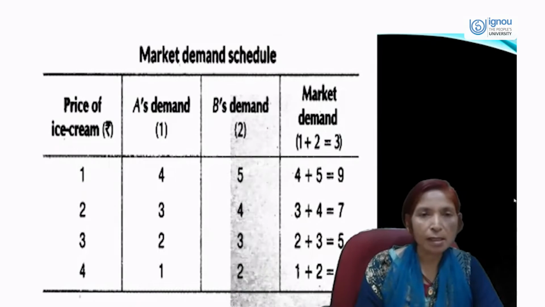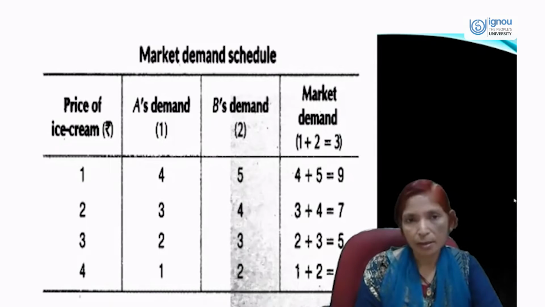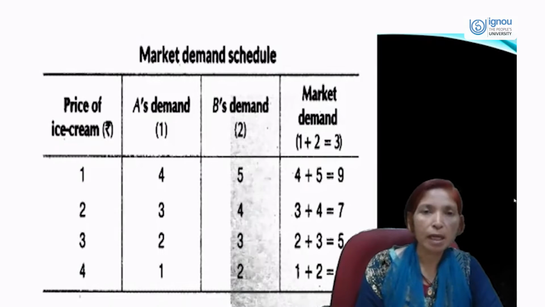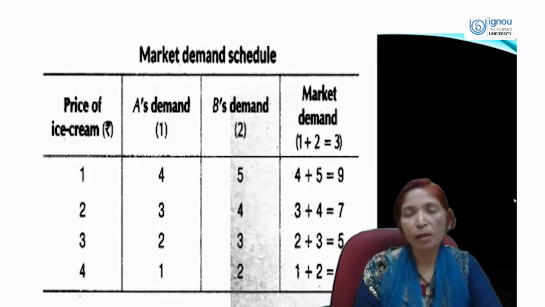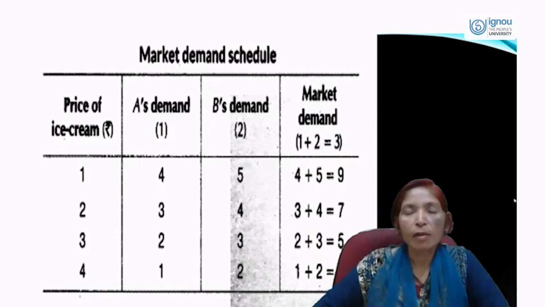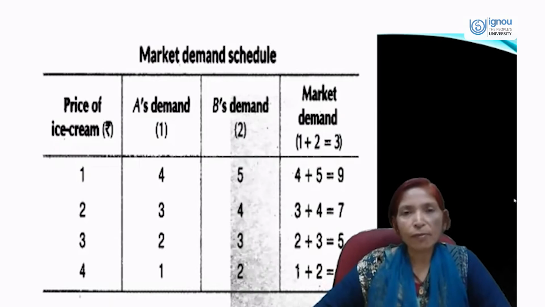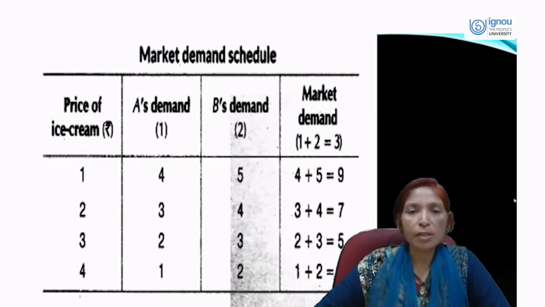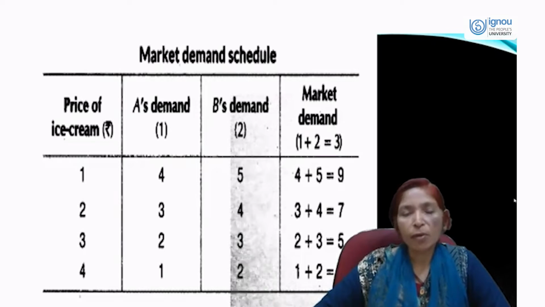When price rises, demand falls. In the case of any individual person, whether consumer A or consumer B, whenever price rises, demand falls. So when the price of ice cream rises 1, 2, 3, 4, the units demanded by consumer A will be 4, 3, 2, 1, and the units demanded by consumer B will be 5, 4, 3, 2.